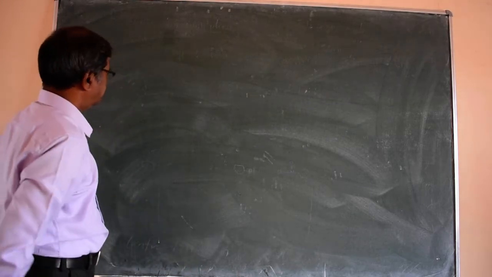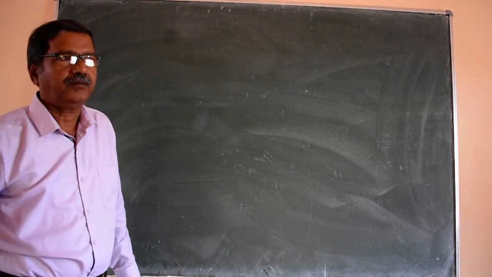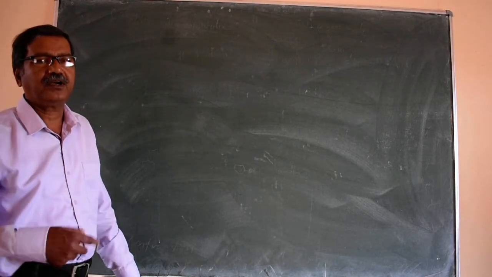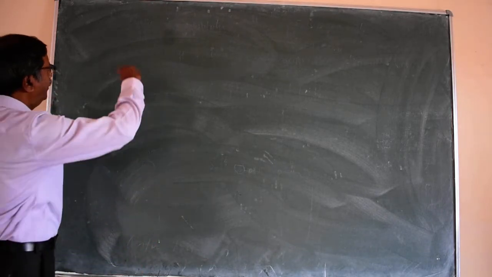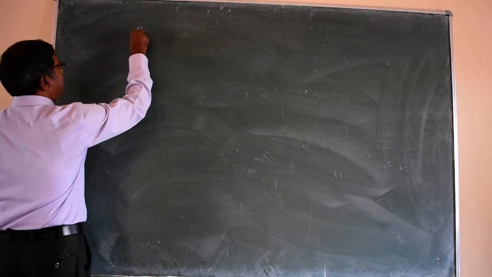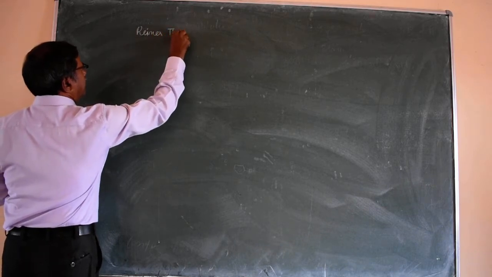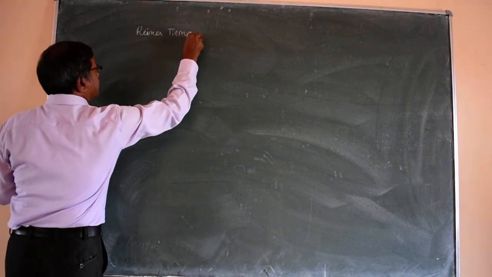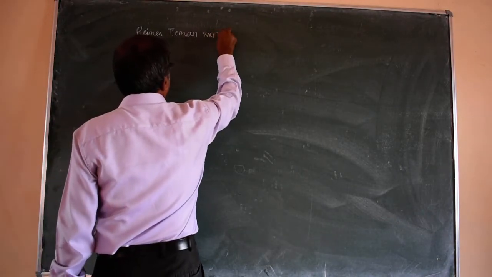You can expect 7 marks from the topic oxygen compounds part 1, organic compounds containing oxygen, that is, alcohols, phenols and ethers. Well, it is the Reimer-Tiemann reaction.